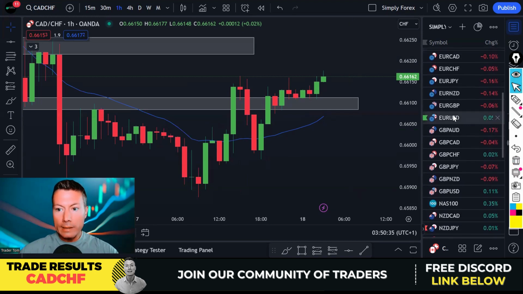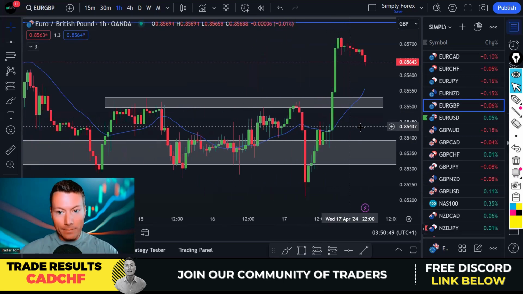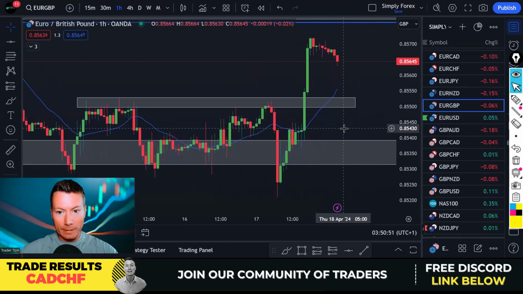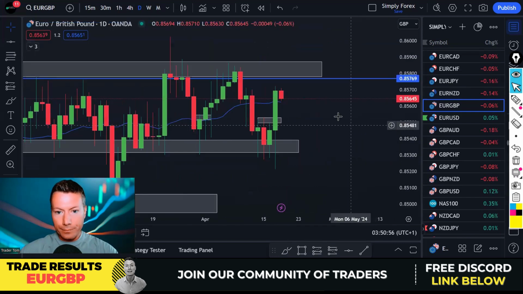And then there were the trades that I missed, quite frankly, because I was busy doing life. I have family, I need to eat dinner. I don't want to be staring at the screens all day. But this was a nice trade, right? This euro pound trade, if we go to the day chart, did exactly what we expected it to do.